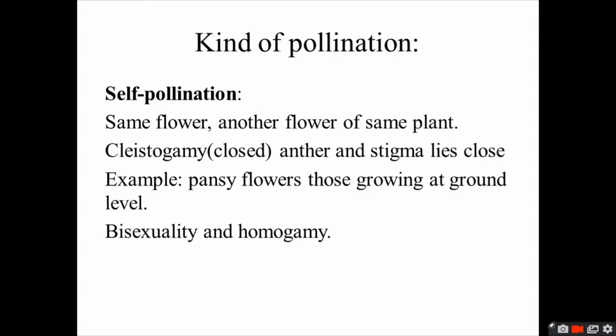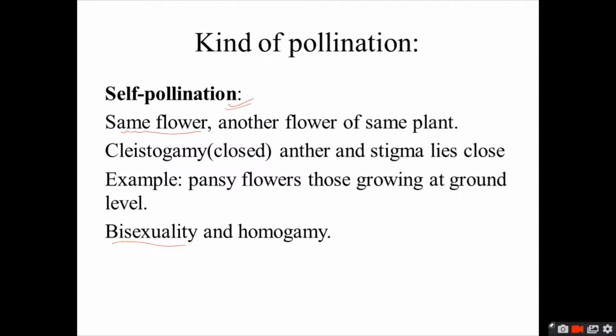Now the next very important part of the chapter is the kinds of pollination. First we will see self-pollination. We had already discussed autogamy. Here self-pollination is occurring in the same flower, a bisexual flower. For self-pollination, the first very important thing is that the flower should be bisexual, that means both male and female gametes are present in the same flower.